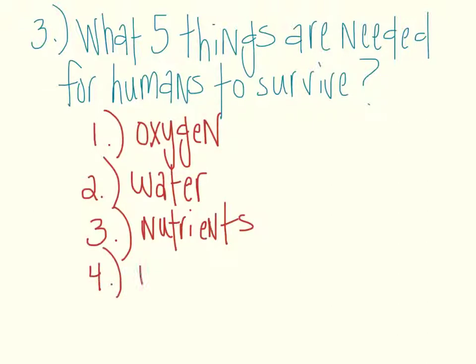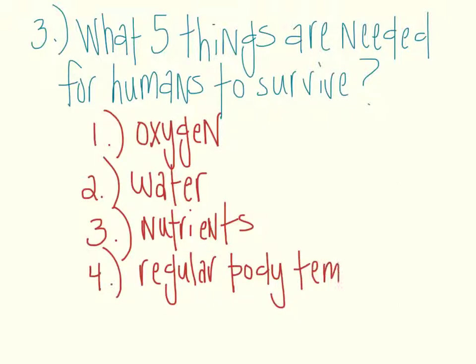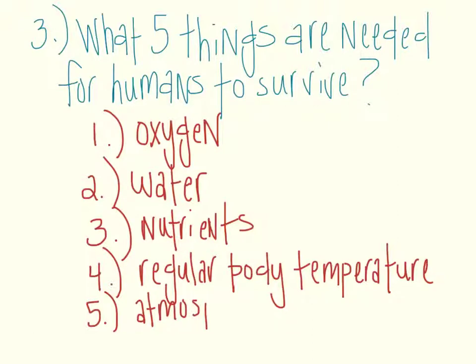We have to be able to have a regular body temperature. So remember, in humans, that is about 98.6 degrees, or about 37 degrees Celsius. So we've got to be able to maintain it within a proper range. We don't want to get too hot or too cold. And then the last thing is atmospheric pressure.